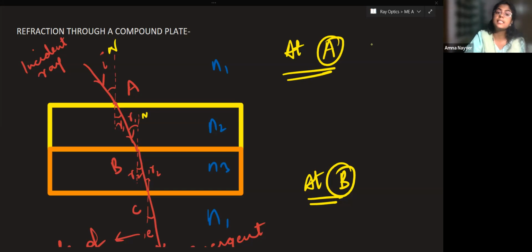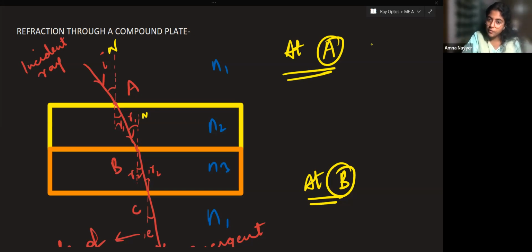So see, Snell's law was what? Sine I by sine R is equal to N2 by N1. Right? This was Snell's law. Or one more method to write Snell's law is: take the refractive index of that medium, multiply by the sine of that angle.